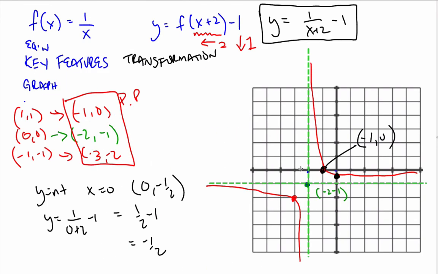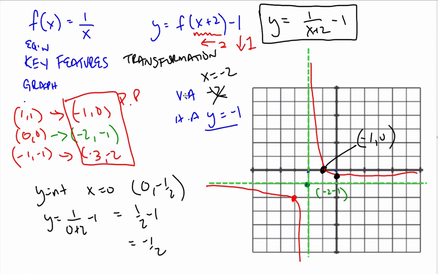And if we want to do the asymptotes, the vertical asymptote is x is equal to negative 2. The horizontal asymptote is y is equal to negative 1. Now, make sure you write them as equations. It would be wrong if I just said, oh, the vertical asymptote is negative 2. That is wrong. I have to say x equals negative 2.